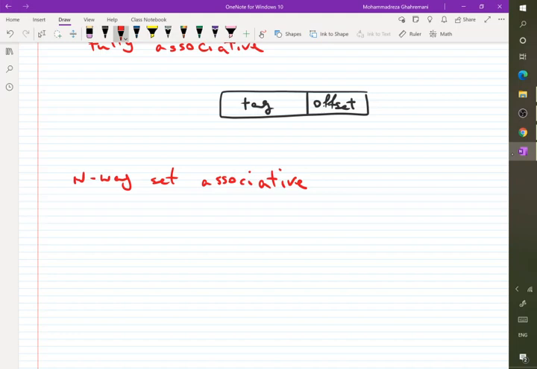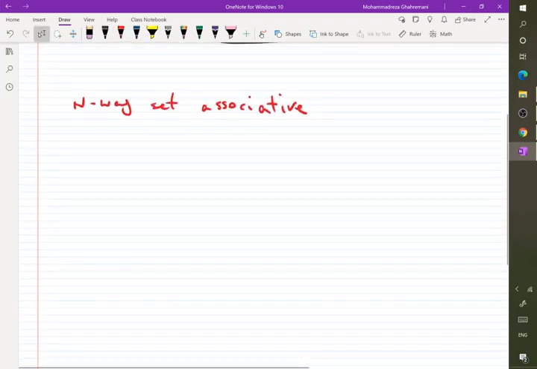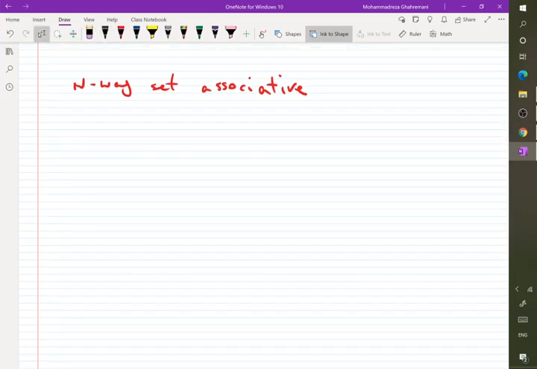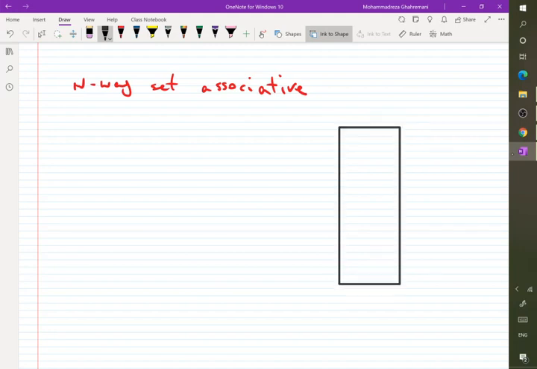Instead of mapping anywhere in the entire cache like fully associative, a memory reference can map only to a subset of cache slots. Let me show you the structure of an n-way set associative cache, so it will be easier to understand.